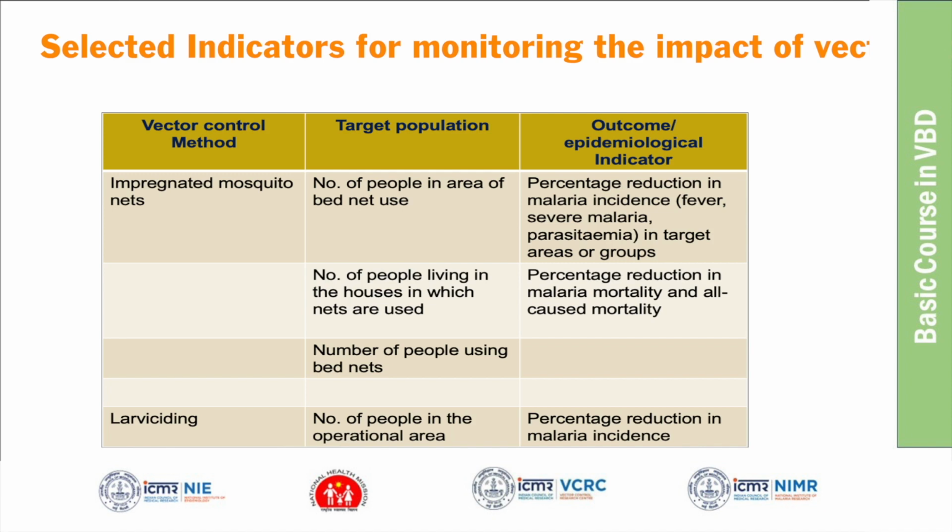Then the outcome, that is the epidemiological indicator on the human population: percentage reduction in malaria incidence, that is fever incidence, severe malaria, reduction in parasitemia in the target areas or group. Percentage reduction in malaria mortality and also all-cause mortality.